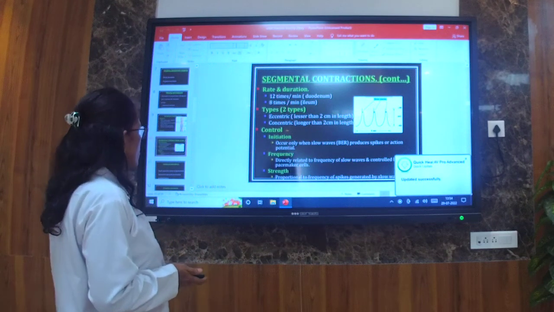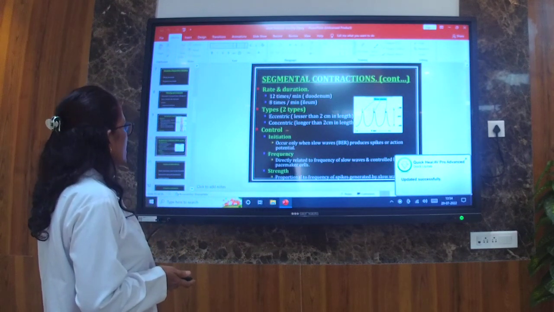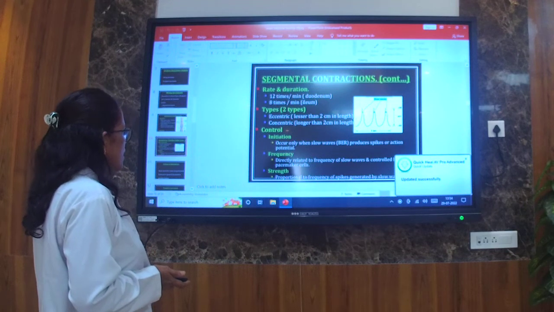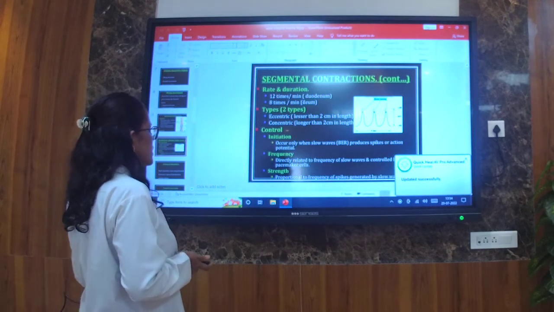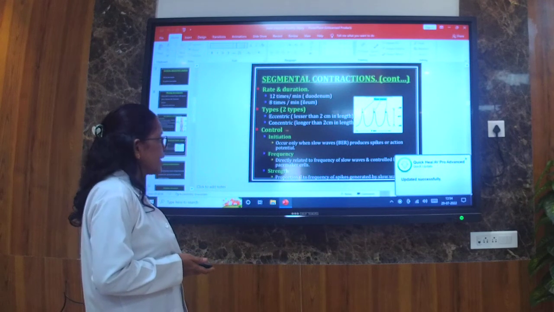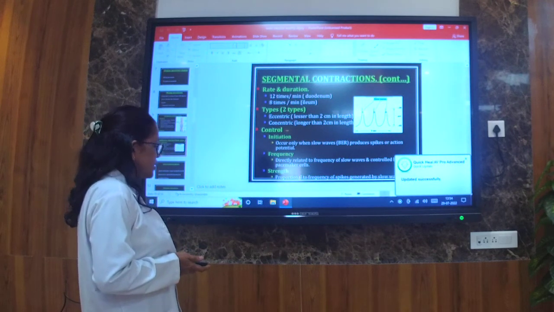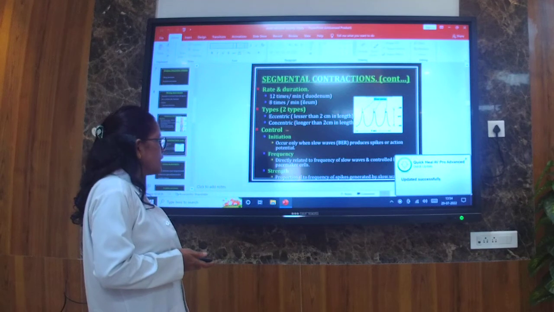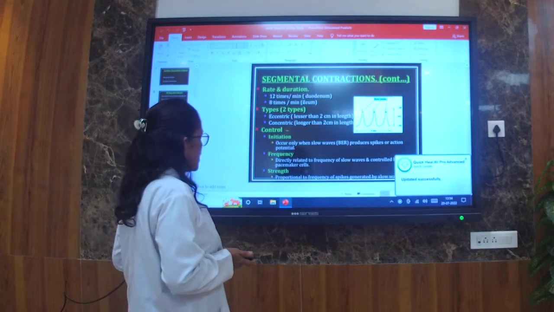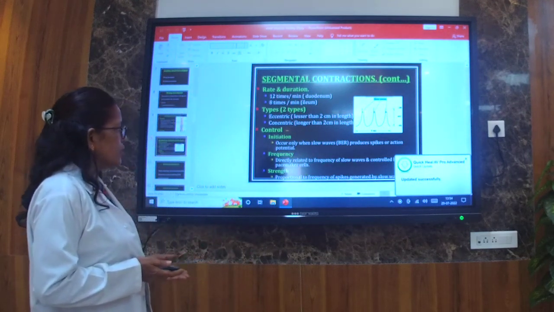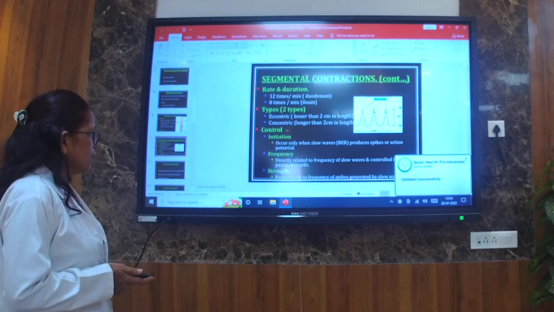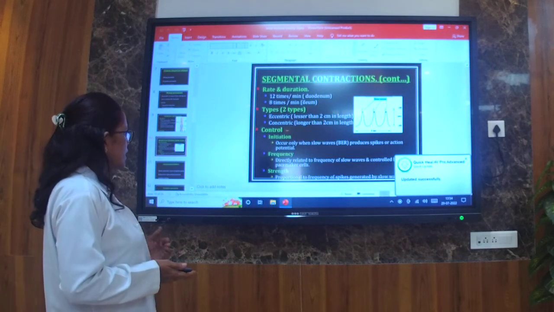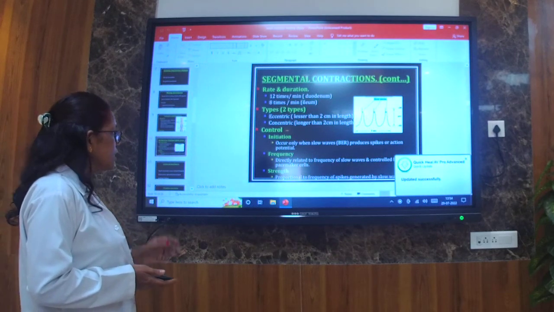Then how is segmental contraction controlled? Initiation occurs only when slow waves, the basic electrical rhythm, produce spikes or action potentials. The basic electrical rhythm or action potential starts, and then the segmental contraction initiates.